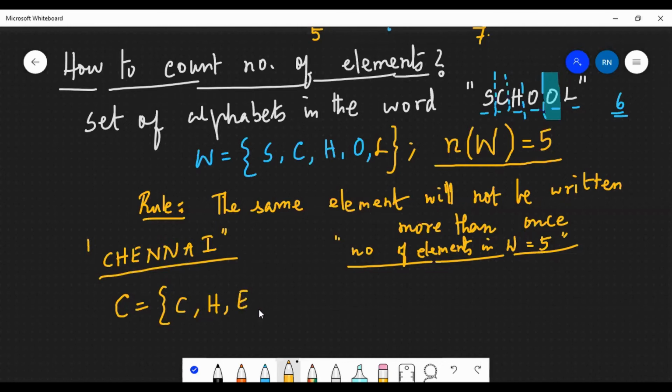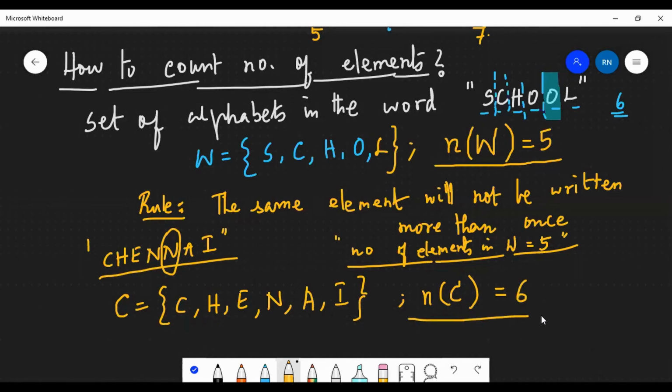H, it's okay. E, N. Second time when N appears, you won't repeat it. A, I. Exactly. So I can say the number of elements in the set containing the letters of Chennai is only 6 and not 7.